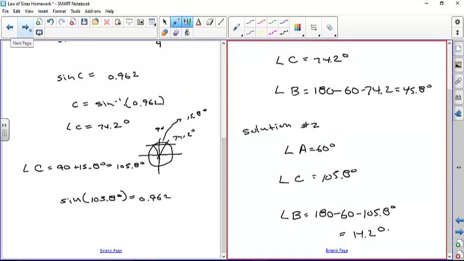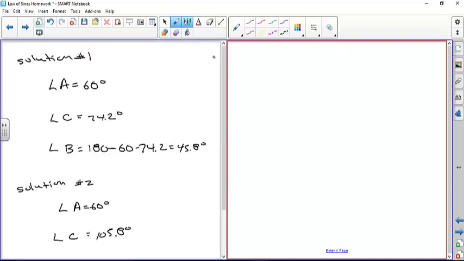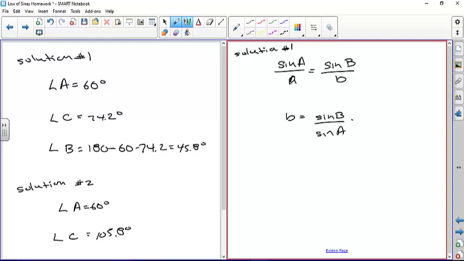So once you've got those two angle solutions for B, then you can use the law of sines again. So we have the sine of A over the length of side A. This is solution 1. So you get sine of A over A is equal to the sine of B over B. If we want to solve for the length of side B, sine of B goes to the numerator, sine of A goes to the denominator, and length A goes to the numerator.